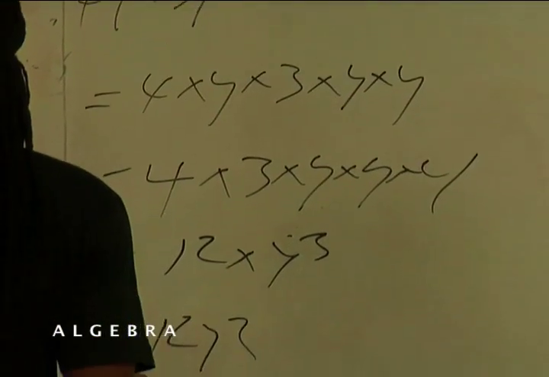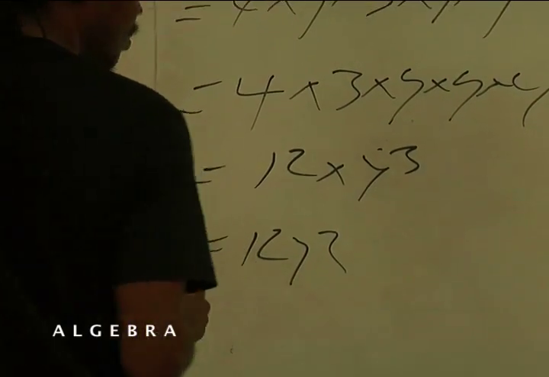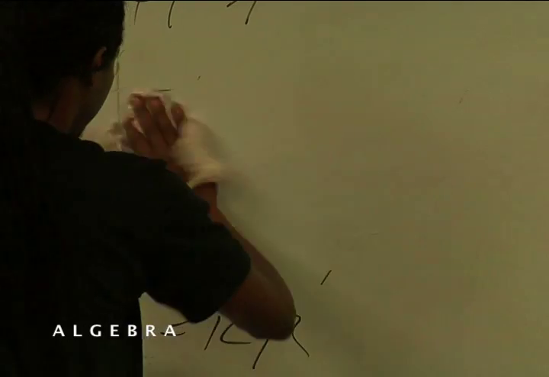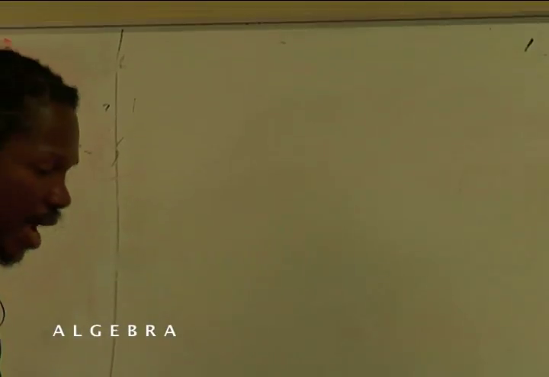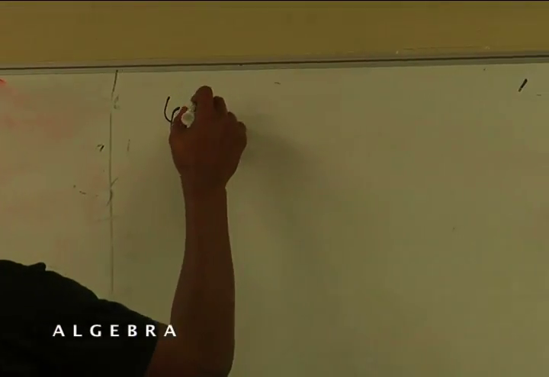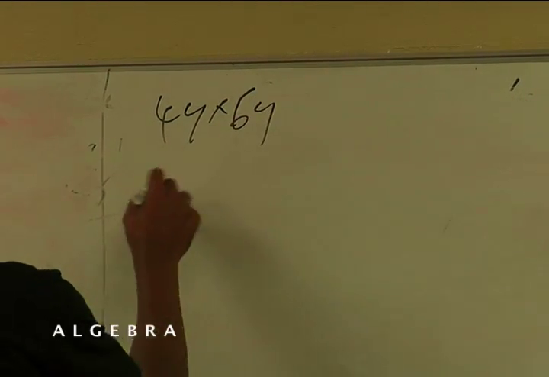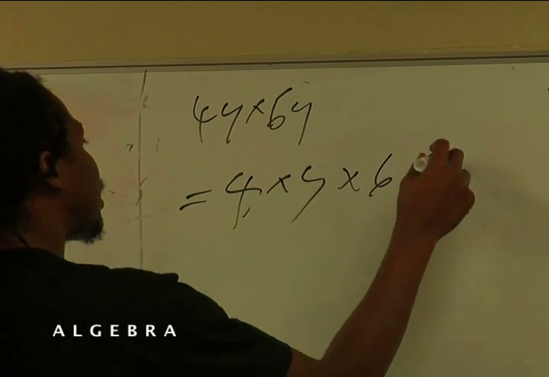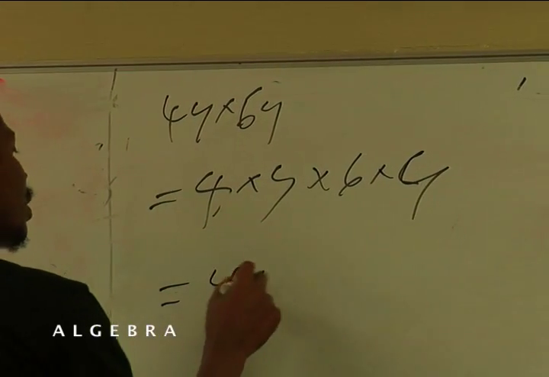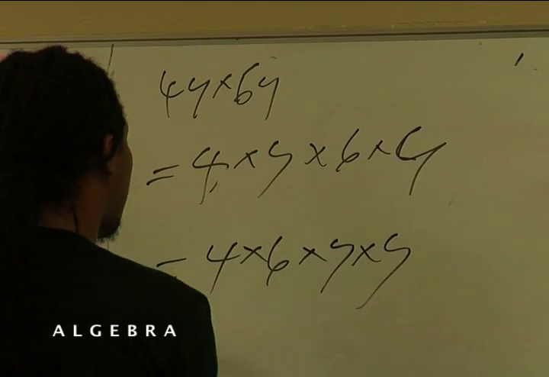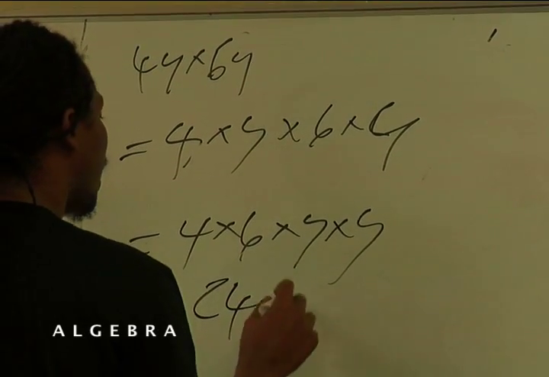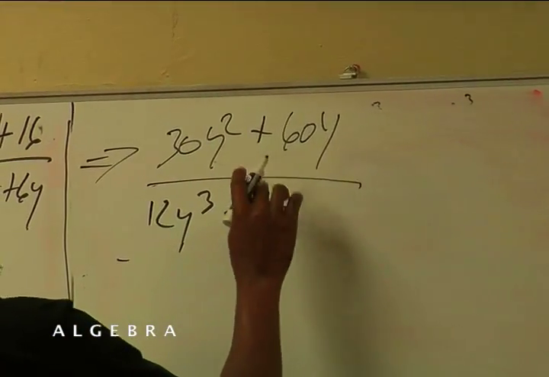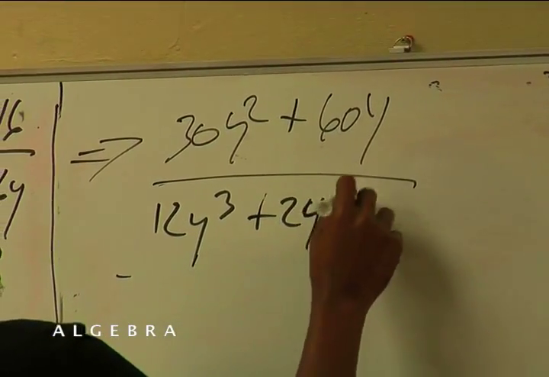Plus 4y times 6y. All of them are positive, so I'm not going to change anything. 4y times 6y equals 4 times y times 6 times y equals 4 times 6 times y square equals positive 24y square.